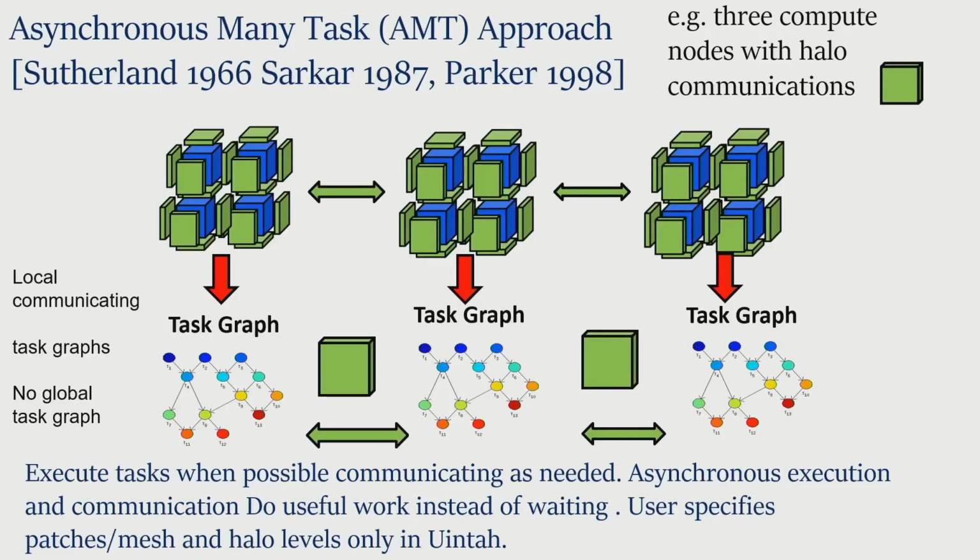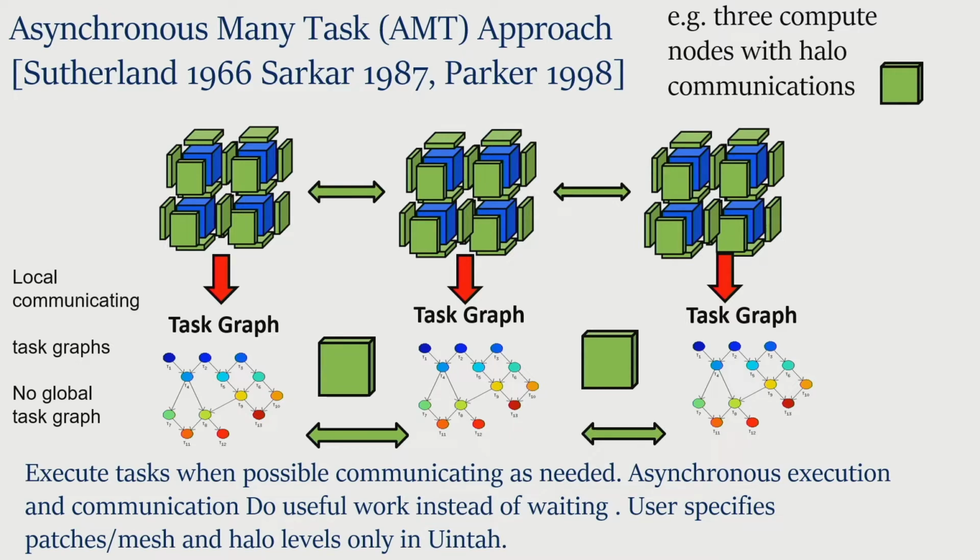The blue cubes are the core of each patch, and the green slabs are the halos or ghost cells that are used to pass information between the blue cores. And so we have communication between the different task graphs, but they're actually independent entities, and that makes it possible for us to scale this up to the full range of all the architectures that we've run on.